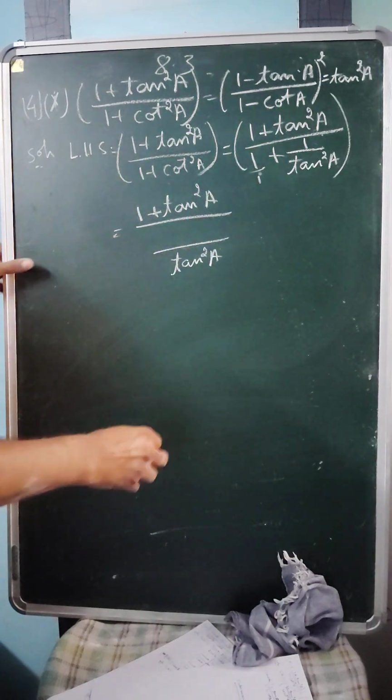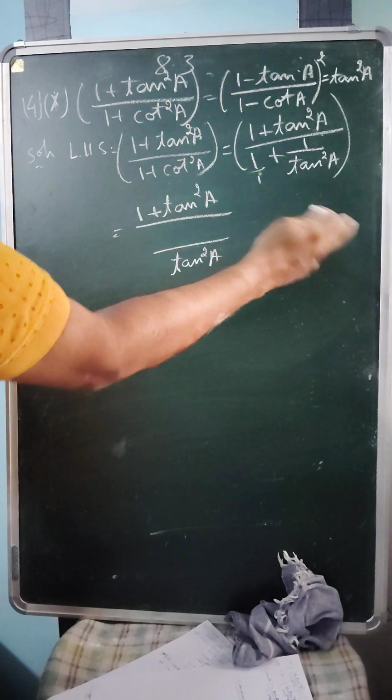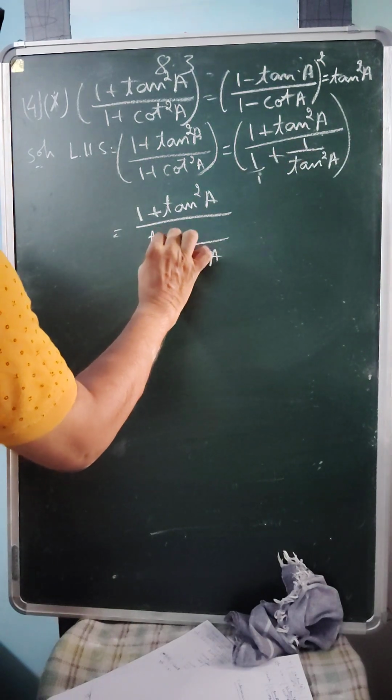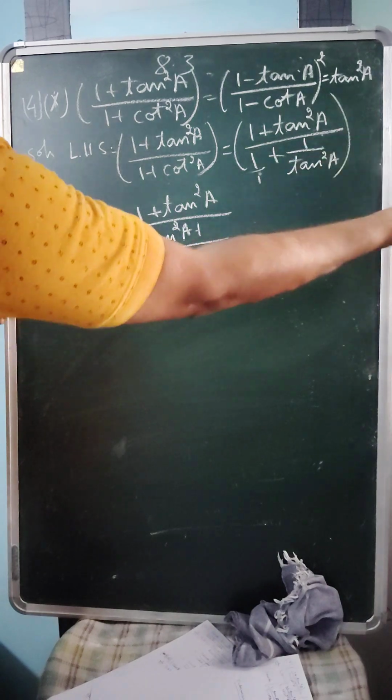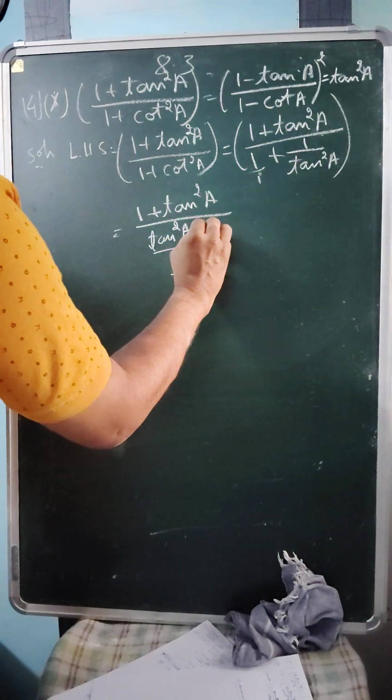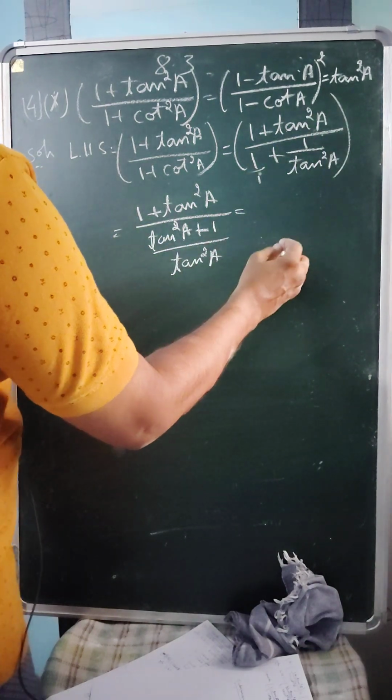There is no denominator for the 1, so 1 into tan square A is tan square A, plus tan square A into 1 is tan square A, 1 into 1 is 1.